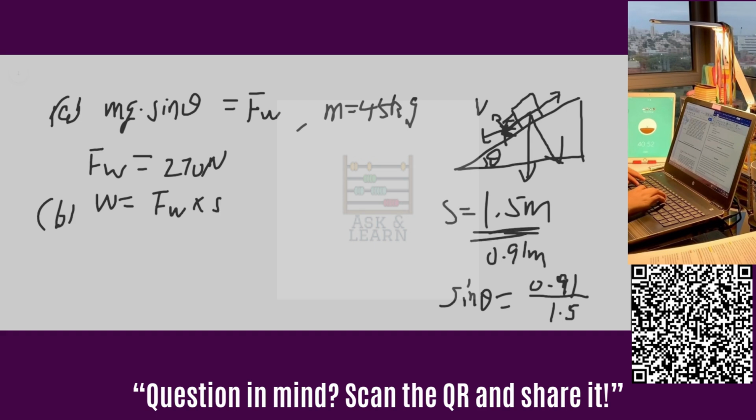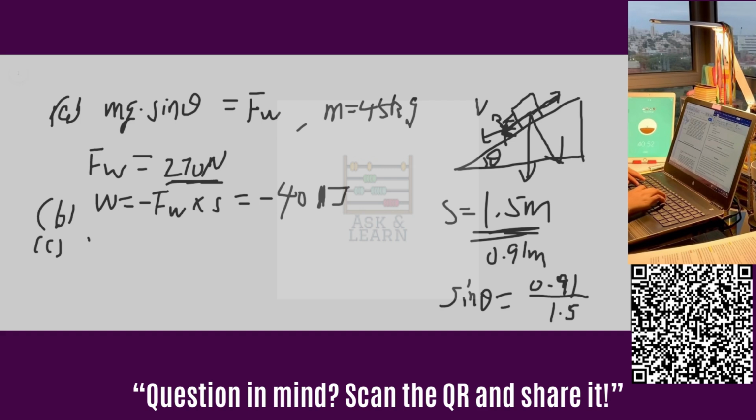So this is S, and Fw is the one we found previously. Because the force is pointing up and the velocity is pointing down, they are opposite, so we have a negative sign in front. So this value is negative 401 joules.